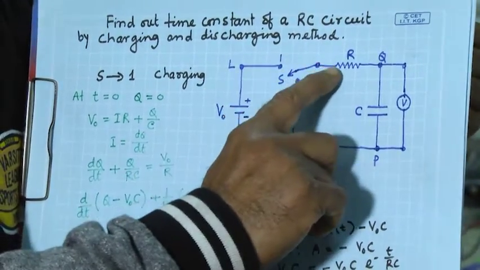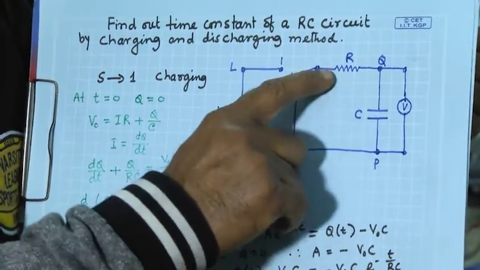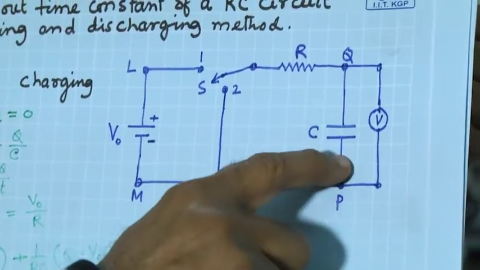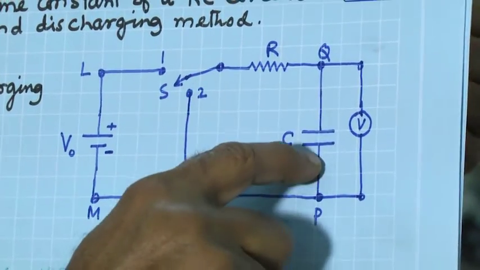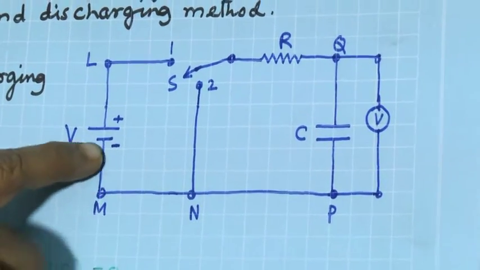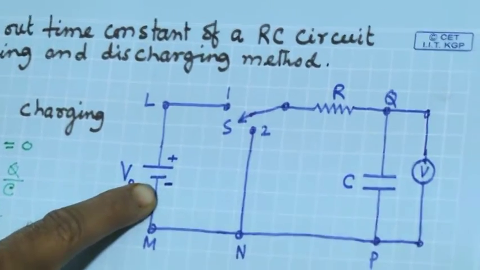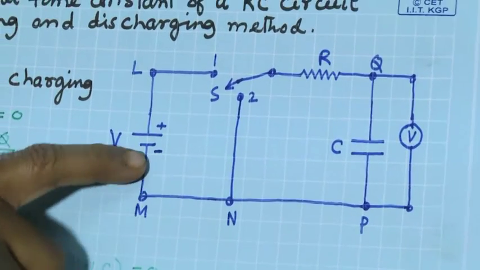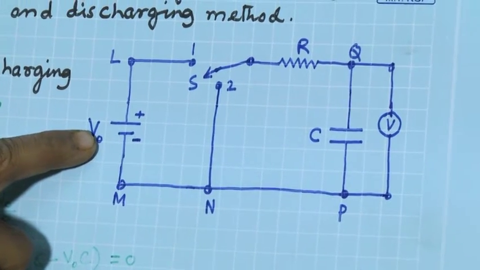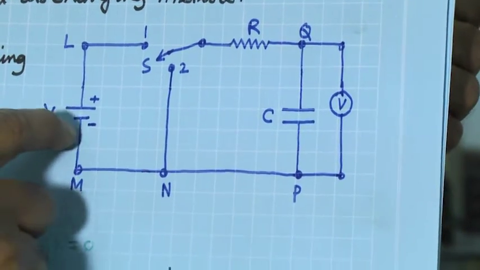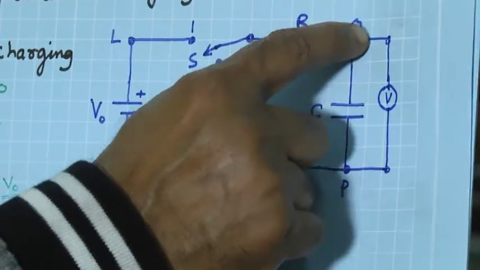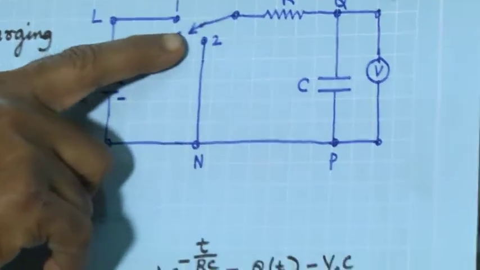Now, this is the RC circuit. One end of this circuit is connected to the power supply, say the negative of the power supply, and at the other end we have two options.